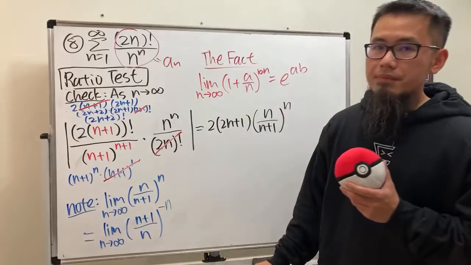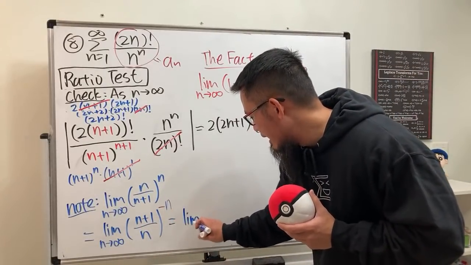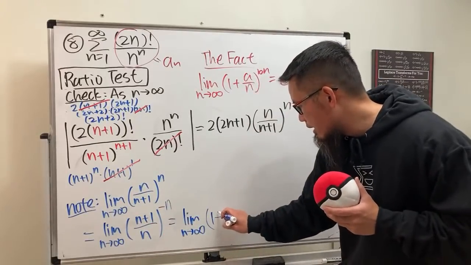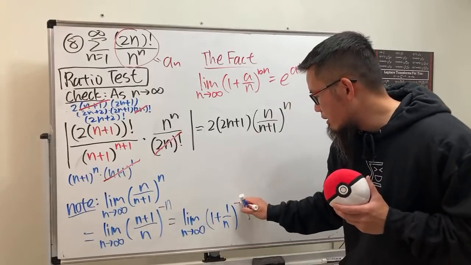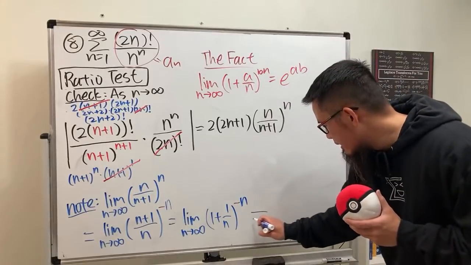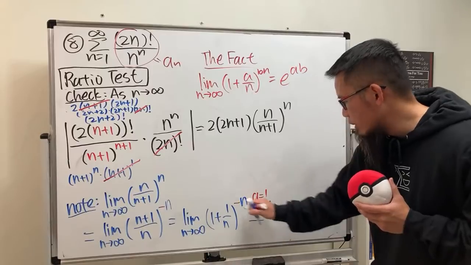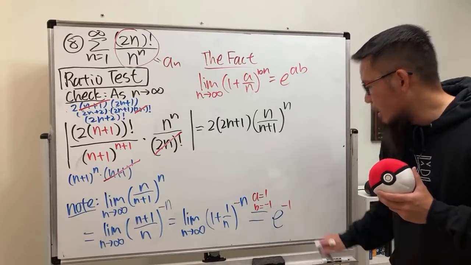Split the fraction, so this is the limit as n goes to infinity of 1 plus 1 over n raised to the negative nth power. There we go. In this case, a is equal to 1 and b is equal to negative 1. So this gives us e to the negative 1 power again.